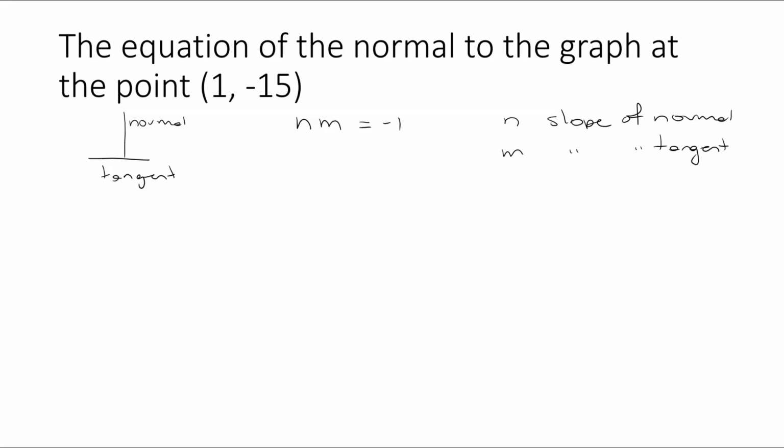So if n times what we already know, m is -1, equals -1, n equals 1. So again, we can use the version like this, and we get that y equals x minus 16.